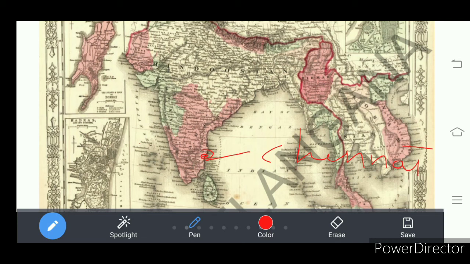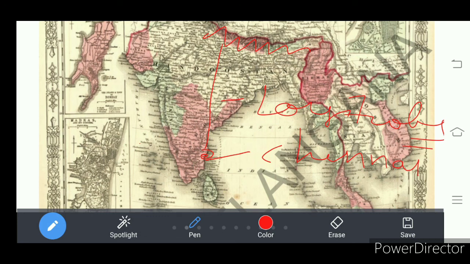Where are the Himalayas? Look here. These are the Himalayas. So from Chennai to the Himalayas, he tried to know the length of the longitudes and heights of the various places.